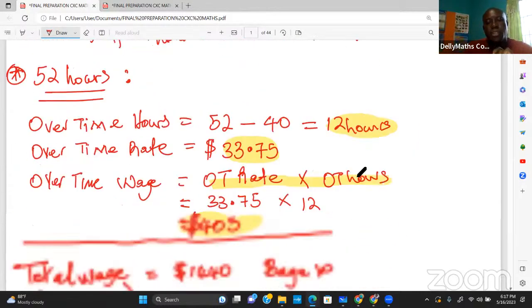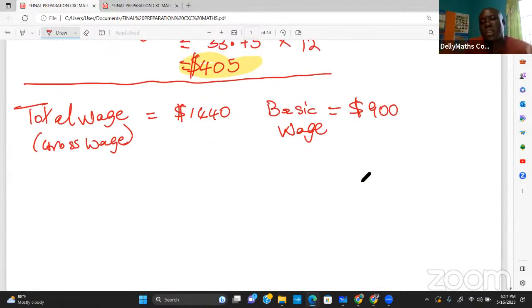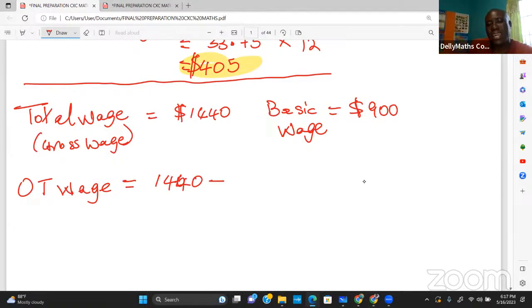We know that. So now we want to see the overtime money first. Let us see the money on overtime. This overtime wage would be equal to my normal money being taken from the total. So my normal 900, I'm going to take that from the 1,440.